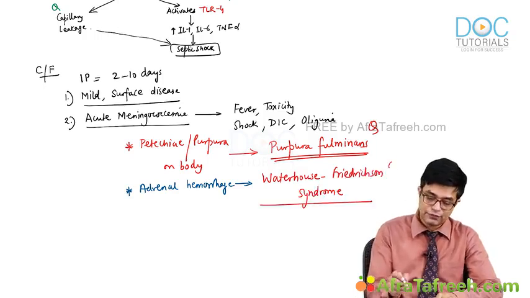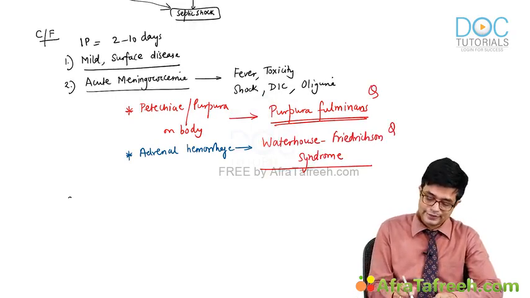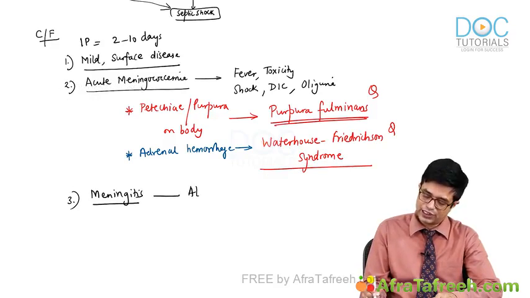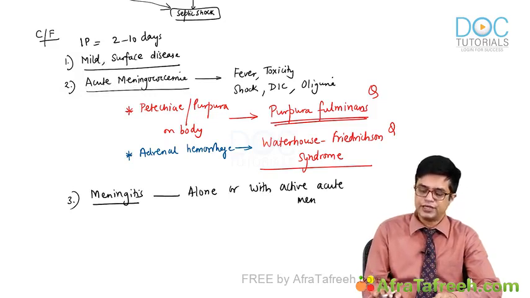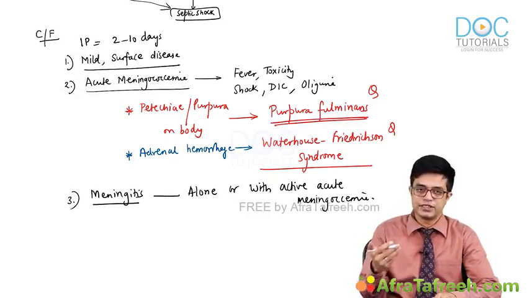And the third type of infection which meningococcus can produce is meningitis. Meningitis can occur alone or with active evidence of acute meningococcemia.